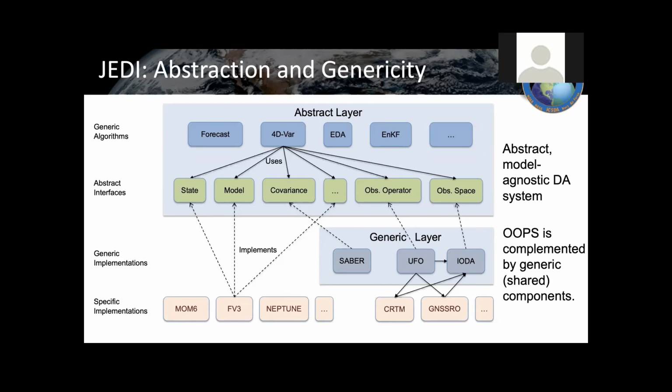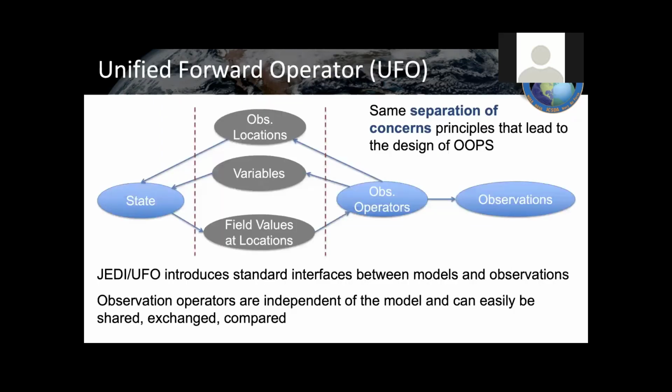So most of the model observation interactions happen through the generic code that is written inside of the OOPS repository. And OOPS provides these interfaces that describe how a model will interact with your observations. And UFO provides all of the generic or reusable implementations of these interfaces.